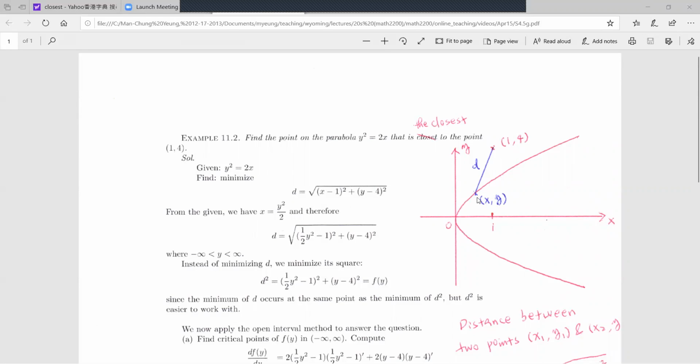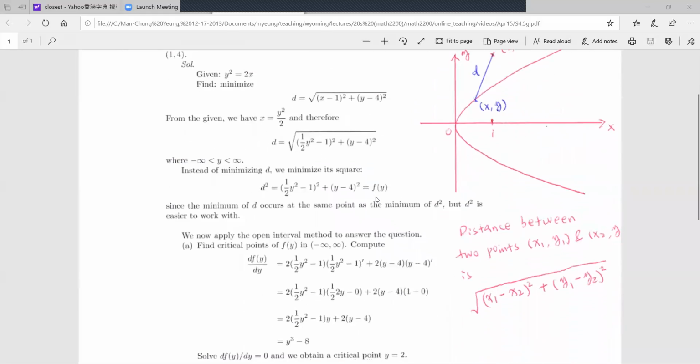I arbitrarily pick a point on the parabola and set its coordinates (x, y). Then the distance between this point and the given point is this, by the distance formula. Now the question is how to find x and y so that the distance d is minimized.